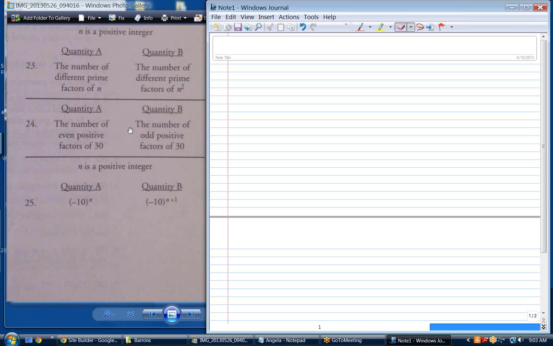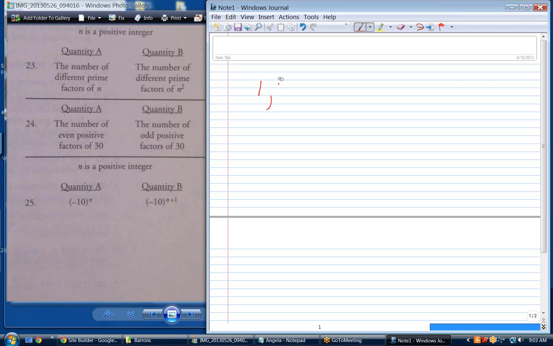Okay, 24, the number of even positive factors of 30 and the number of odd. Okay, the number of even positive factors would be 1, and odd would be 2, so quantity B. Oh, you know what?